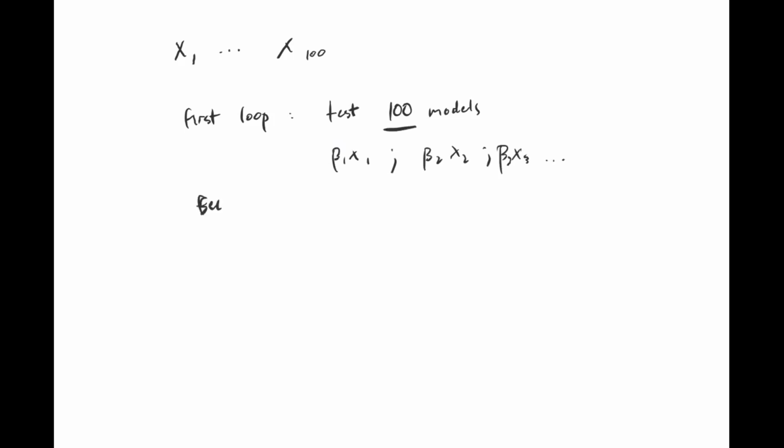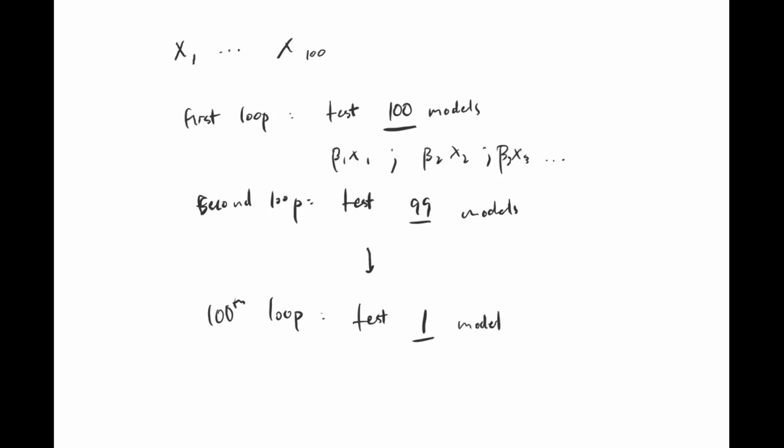In the second loop, we would have to test 99 models, right? And so on and so forth, until the 100th loop, where you would test one model.